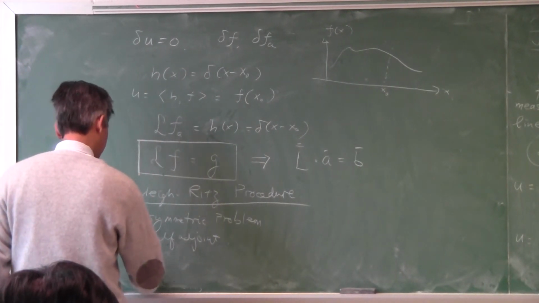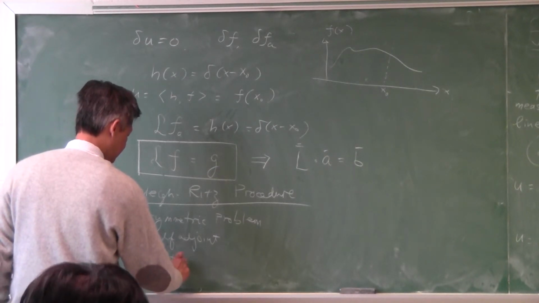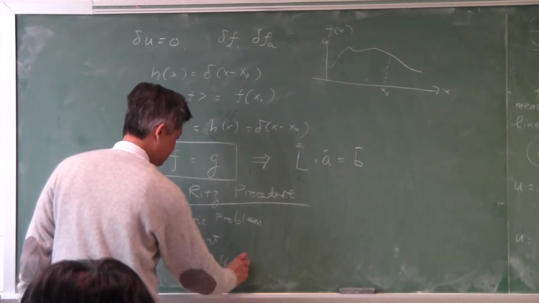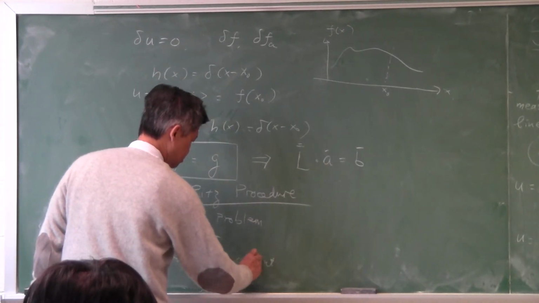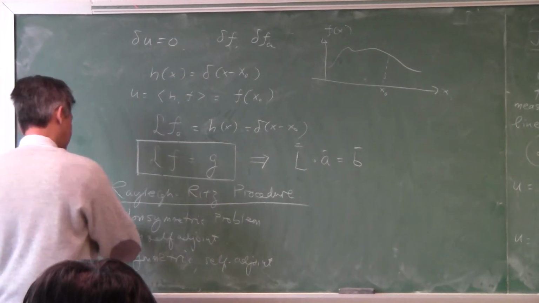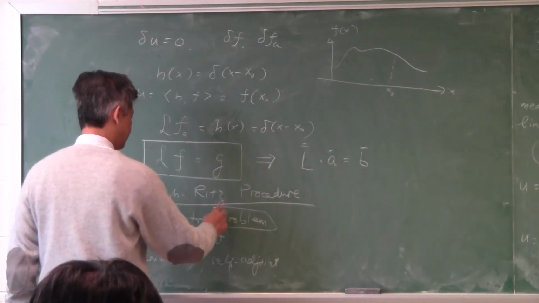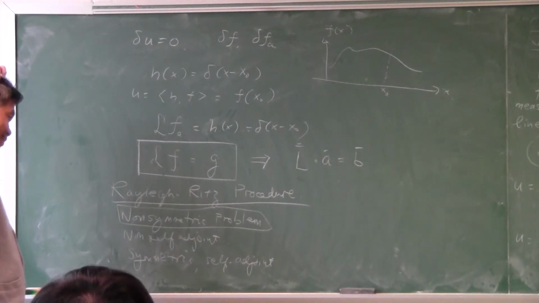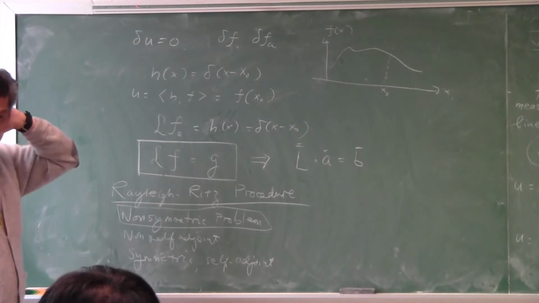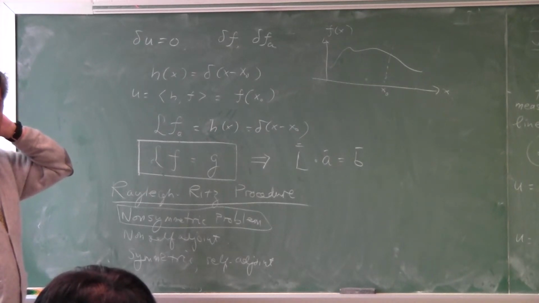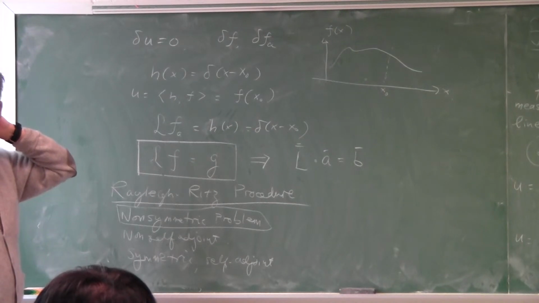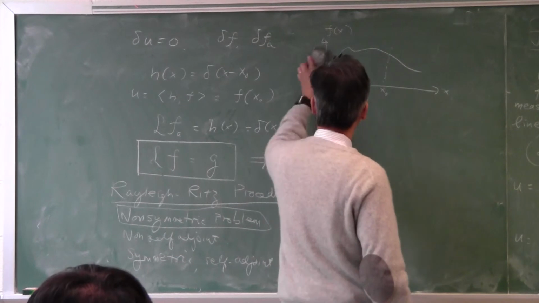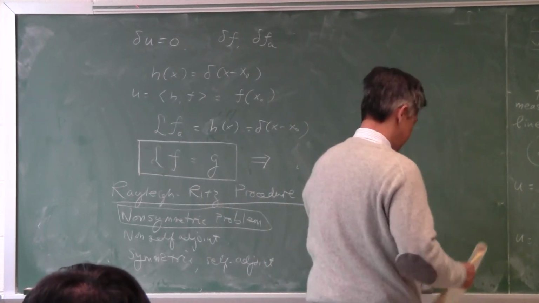The case of a symmetric problem is quite straightforward, and the self-adjoint problem is also quite straightforward. Okay. So let's do the more interesting case of the non-symmetric problem, where the L operator is not symmetric. In electromagnetics, an operator that is not symmetric corresponds to a problem that is not reciprocal. Okay, when the problem is not reciprocal, then you have non-symmetric problems. Let's do the case of the non-symmetric case.